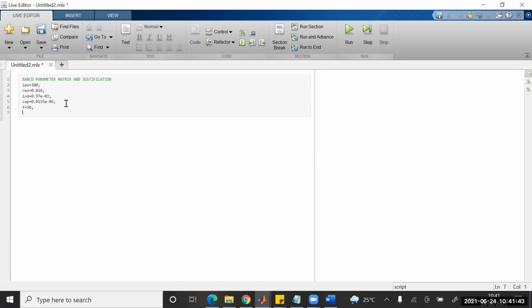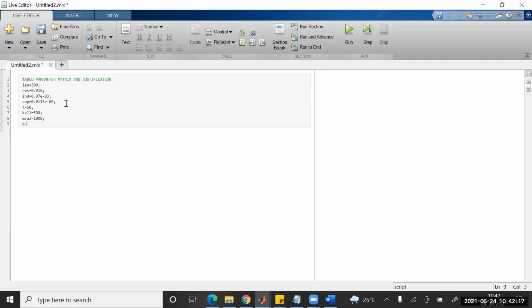Now we'll take the voltage in kilovolts, line to line, equal to 500. Then we'll take MVA equals 1000, that is the three-phase MVA as 1000.